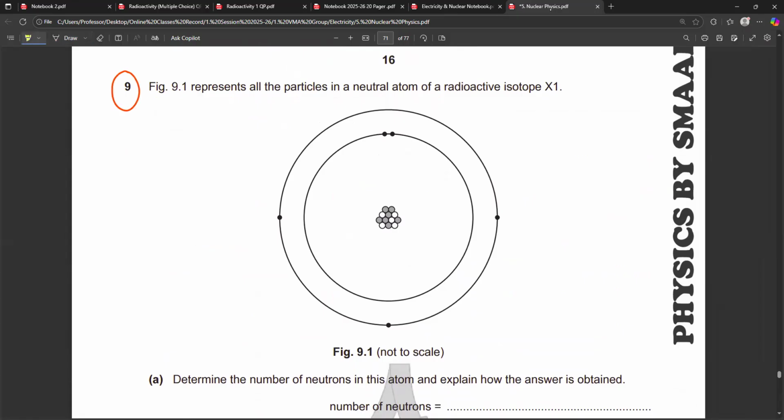Question number 9. Figure 9.1 represents all the particles in the neutral atom of a radioactive isotope X1. Determine the number of neutrons in this atom and explain how the answer is obtained.